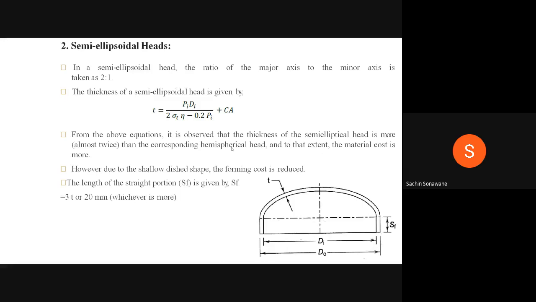However, due to the shallow dished shape, the forming cost is reduced. The length of the straight portion SF is given by SF = 3t or 20 mm, whichever is more. Here t is the thickness of the semi-ellipsoidal head, SF is the straight portion, Di is the inside diameter, Do is the outside diameter.